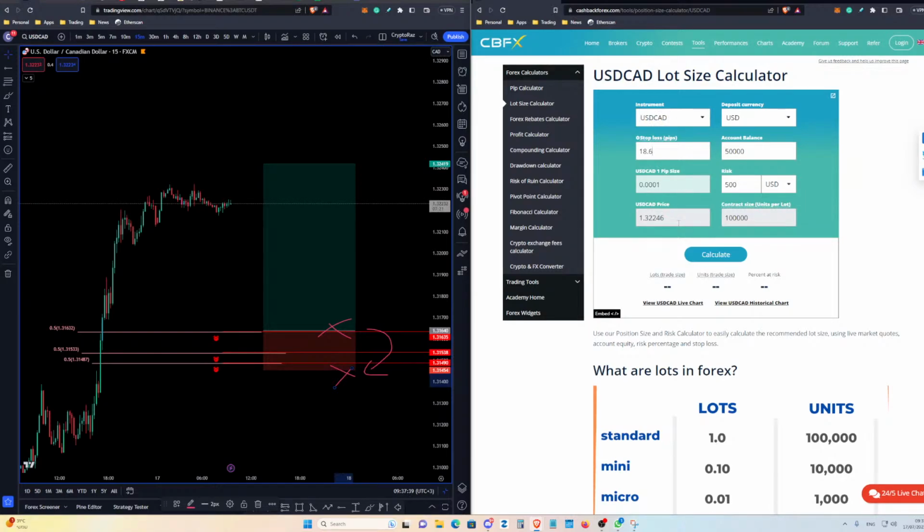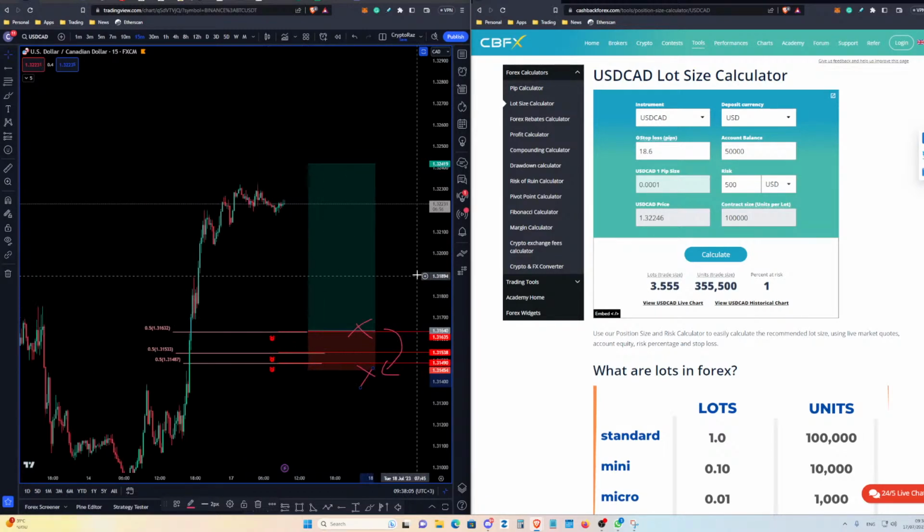Okay, that's perfect. But now we will calculate. So now you know if your entry gets hit and you're in a trade, in order for you to hit the planned stop loss and only go out with a $500 loss, you will need to use 3.55 lot size to do it.